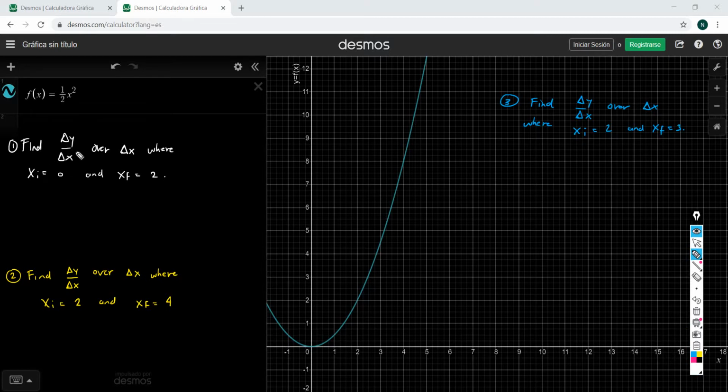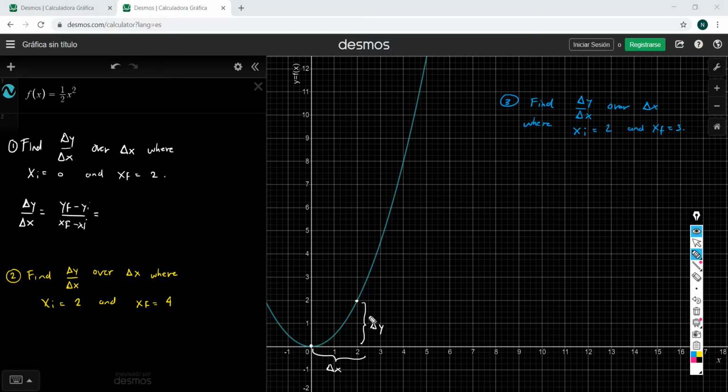So find the average rate of change over delta x, where xi is 0 and xf is 2. So I'm going now from here to here. What is my delta x? It's this much. What is my delta y? It's this much. And you can go like delta y over delta x. That's technically the definition of it.